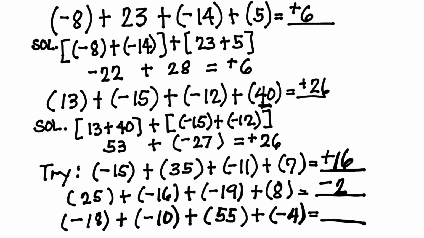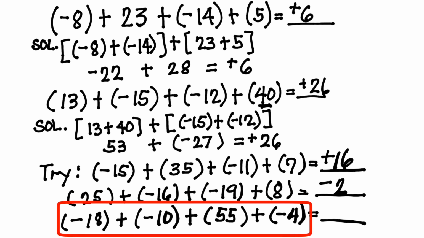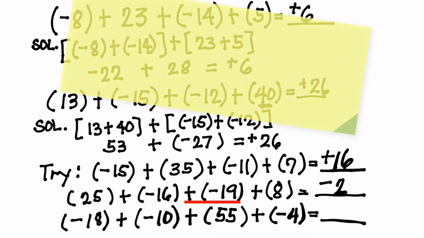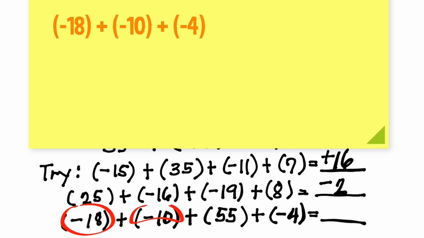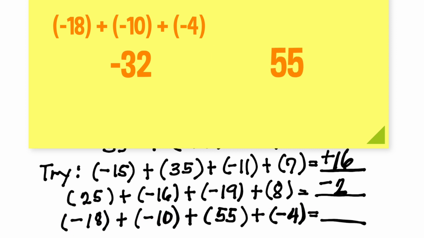So, susunod natin, yung negative 18, pagsasamahin natin, negative 10 at negative 4. Kasi same sign sila. So, that will become negative 32. Tama? So, negative 32 and 55. So, since negative yung 32, ima-minus natin siya mula dun sa 55. So, we will have now 23.